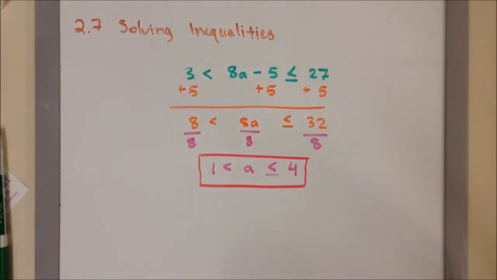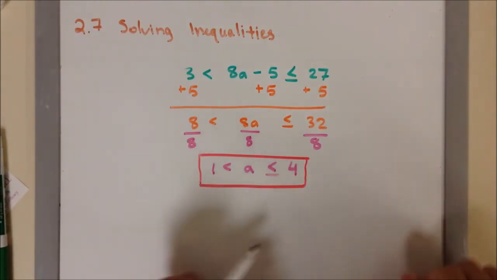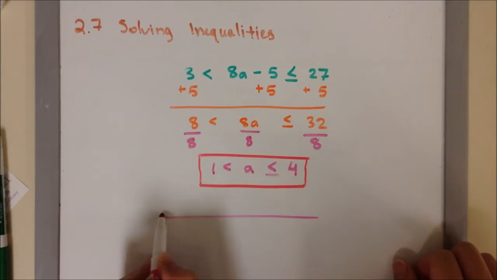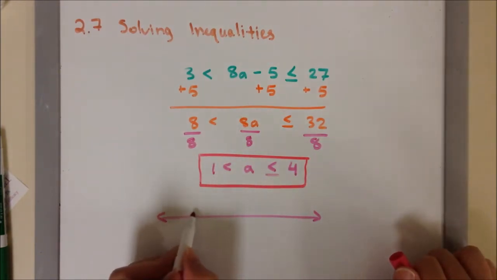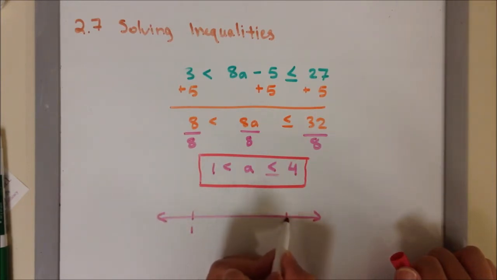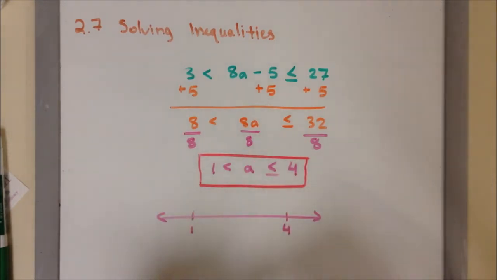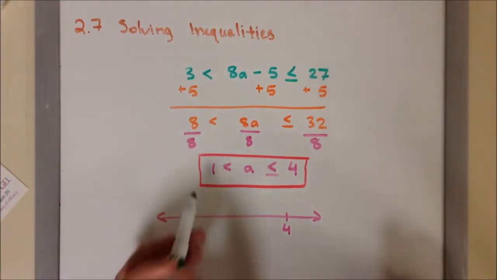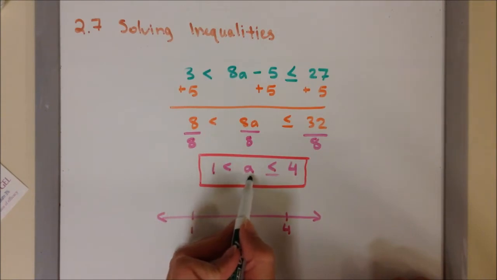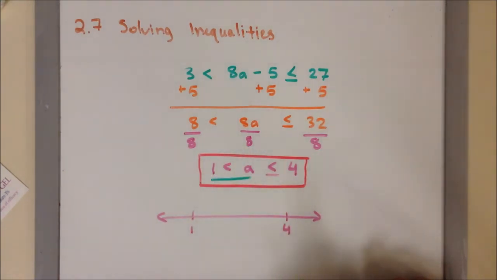Now in order to graph this, draw the same thing, the number line. What we're going to have is actually two numbers, so two tick marks. We're going to have one at 1, and then we're going to have another at 4. Alright, so let's take a look where it's 1 less than a. So we're going to focus on that part.